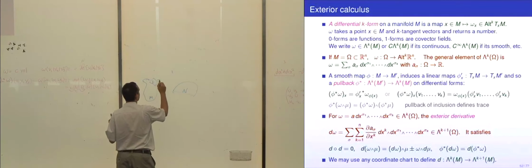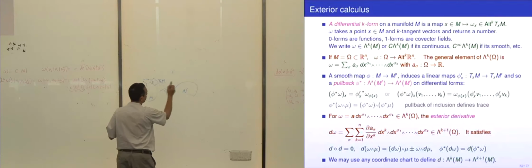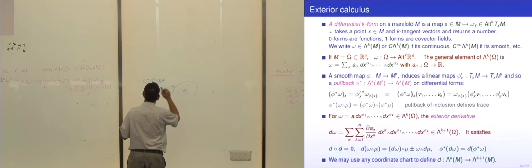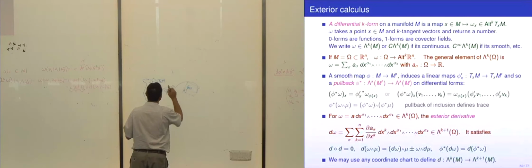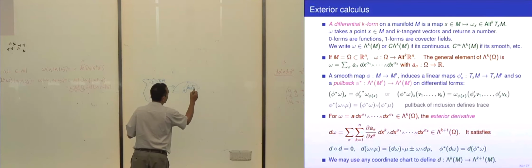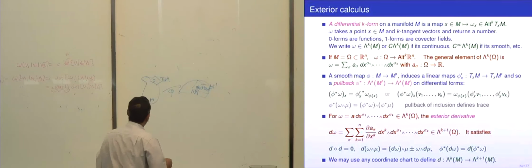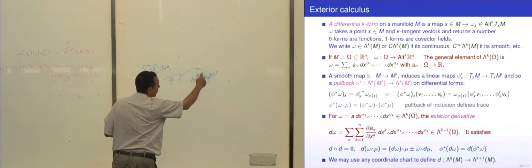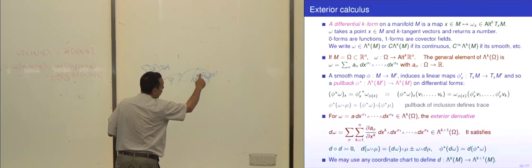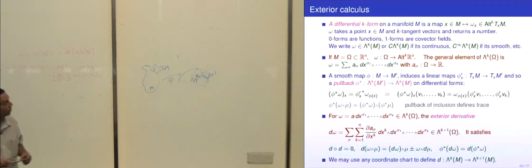We have a phi that goes here, and of course that creates a linear map from the tangent space at x to the tangent space at phi of x. And we can use that linear map to pull back alternating forms on the tangent space to M prime back to alternating forms on the tangent space of M.